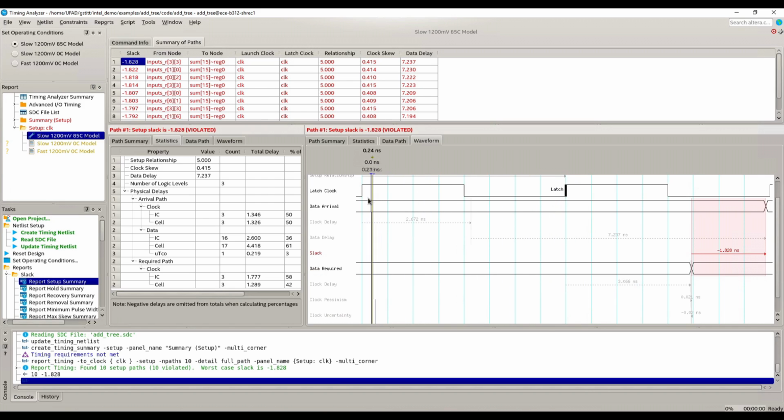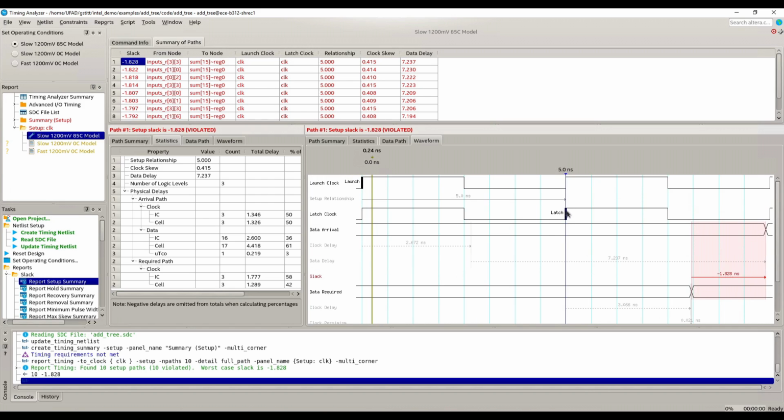So the latch clock starts right here, 5 nanoseconds after the launch clock. But just like how the clock had a delay of getting to the source flip-flop, we have the same issue with the clock having a delay to get to the destination flip-flop.